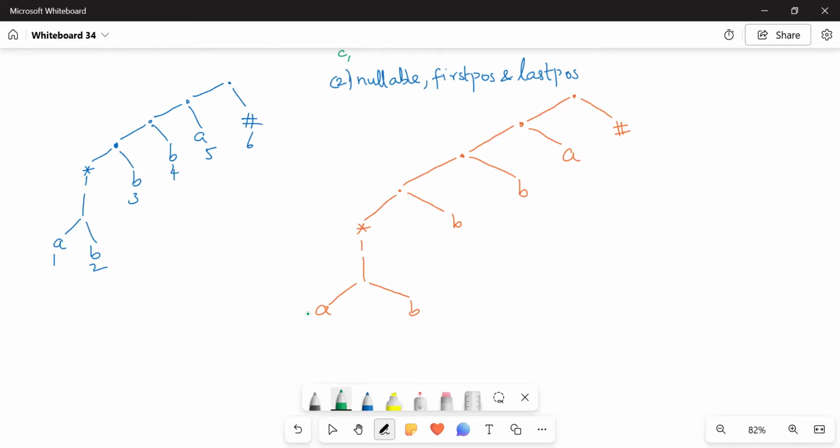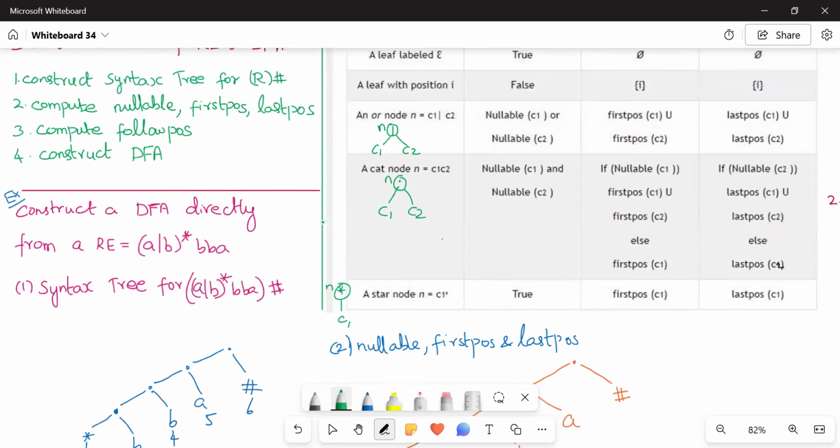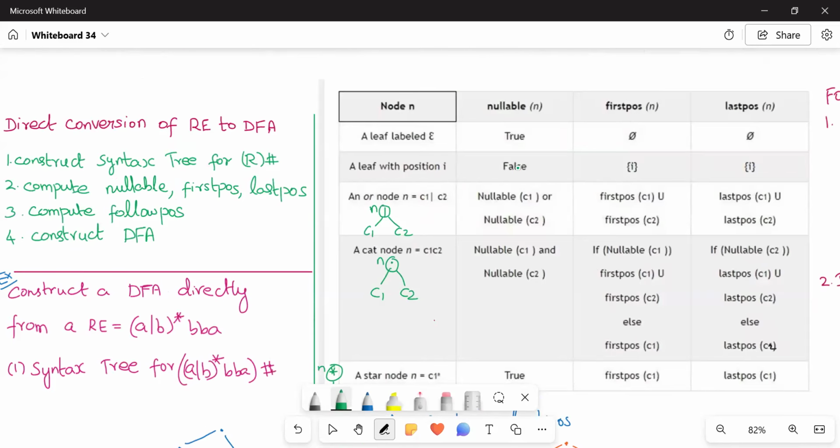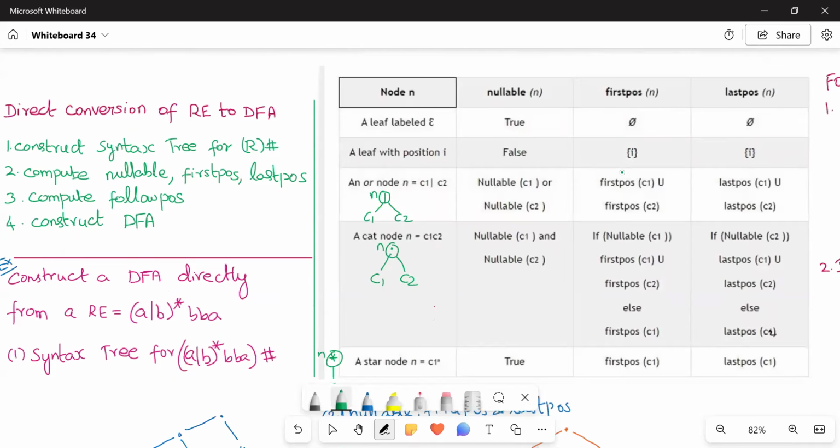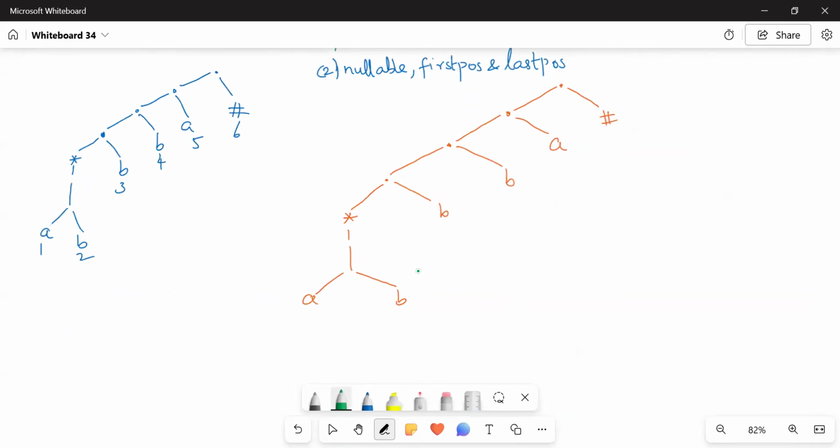First position of a leaf: we have to start with the leaves only. For a leaf labeled with position i, first position of that node is i only, the corresponding number itself. Leaf a is labeled with position 1, so first position of 1 is 1.